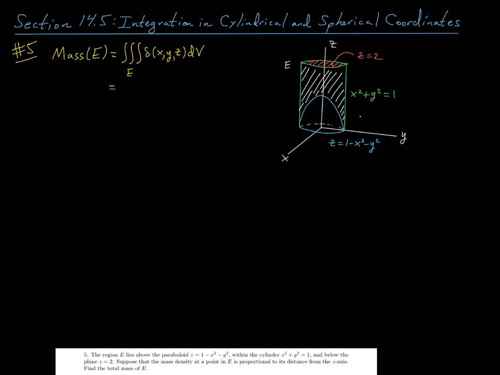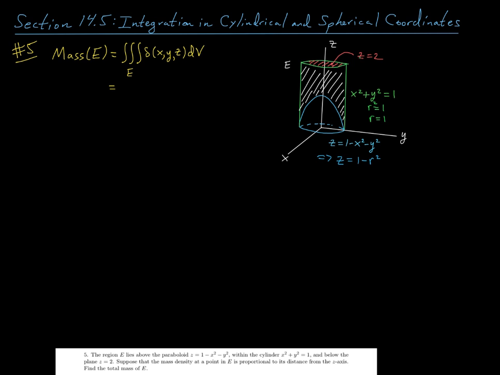If I'm going to use cylindrical coordinates, I'm going to convert these surface equations into their corresponding cylindrical equations. So 1 minus x squared minus y squared would just be 1 minus r squared, since x squared plus y squared is r squared in cylindrical. X squared plus y squared equals 1 would just be r equals 1, because really r squared is 1, but then taking roots, r is 1. Okay, so that's our cylinder.